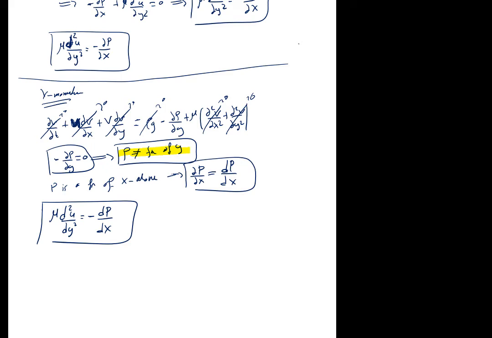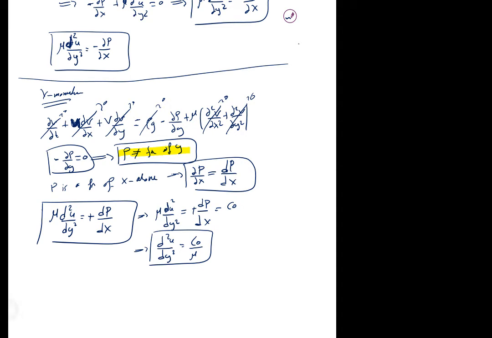Now, to make my calculation simpler, what am I going to do? I'm going to say mu d squared u/dy squared equals minus dp/dx. Now, this is plus, we moved it to the other side. It equals some constant, I'm going to call it C0, and then I can say d squared u/dy squared equals C0 over mu.